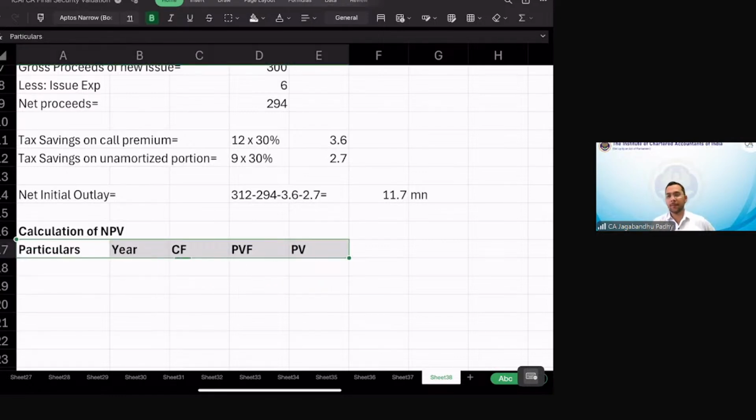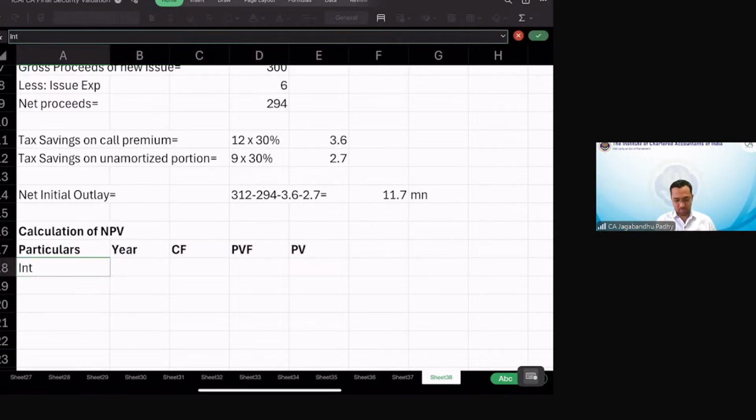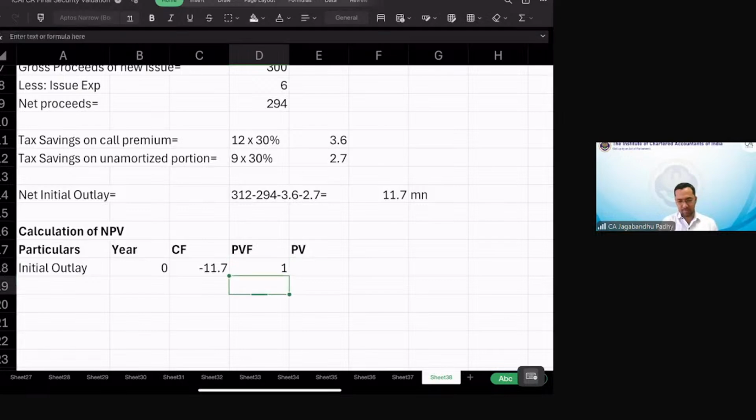Now, first thing, of course, is the initial outlay. This is in year 0. Cash flow is 11.7, which will be negative. PV factor is 1. Of course, PV will be this number.